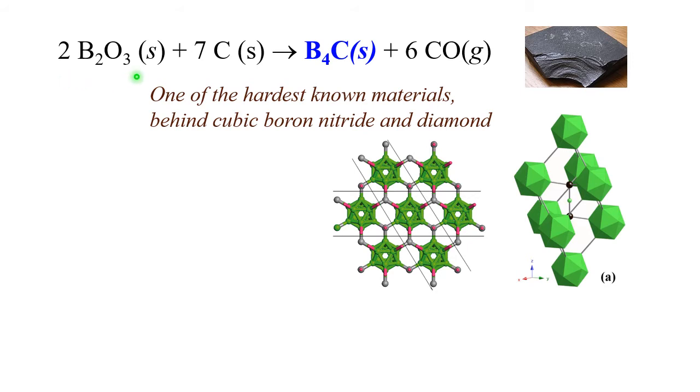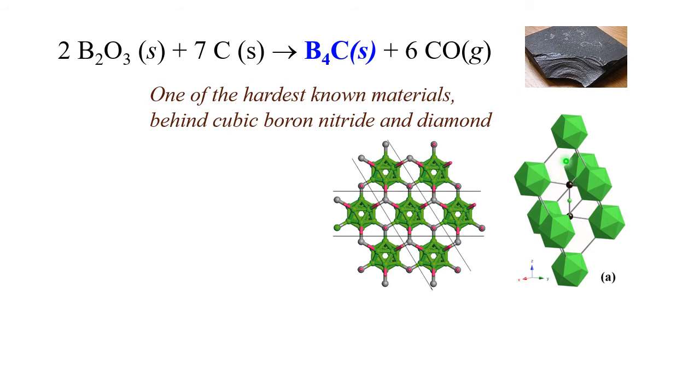Boron oxide can be reduced with carbon, but it does not make boron itself. It makes boron carbide, B4C, which is not a stoichiometric compound, and carbon monoxide. This is one of the hardest known materials, behind only cubic boron nitride and diamond, the hardest.